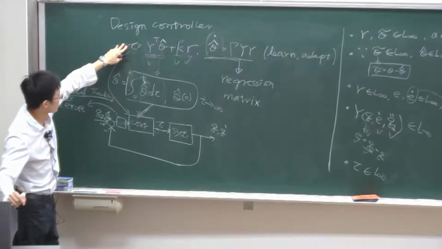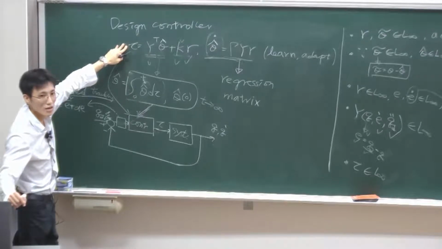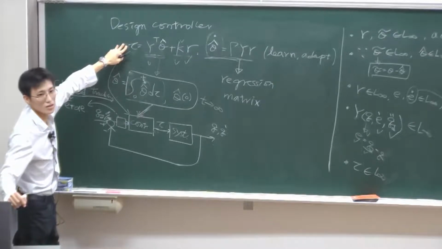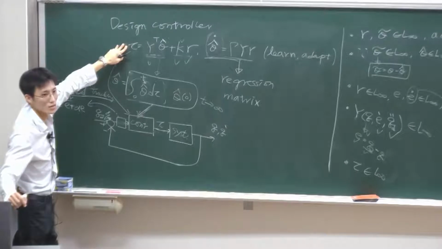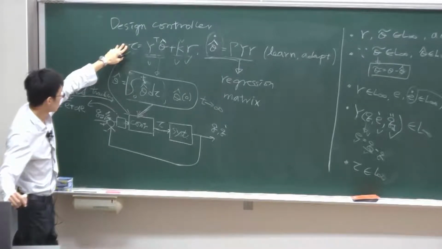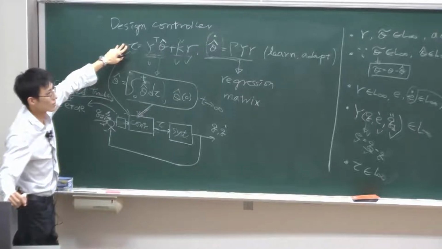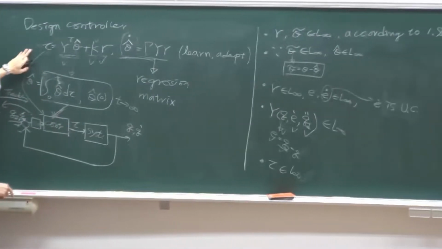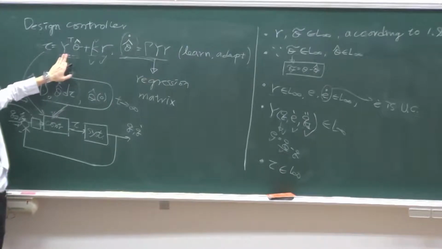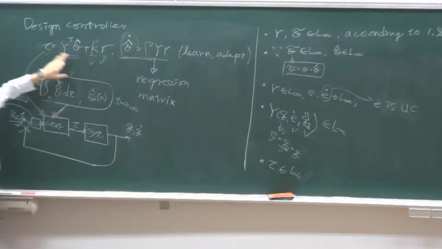You design adaptive control, and at that time you have no idea whether it's bounded or not, but it is required to be bounded in practice. So the next thing you need to do is design the Lyapunov function, take the time derivative, do the stability analysis, and eventually that gives you all the signal transients, and you can check whether the signal you put in your control is bounded or not.